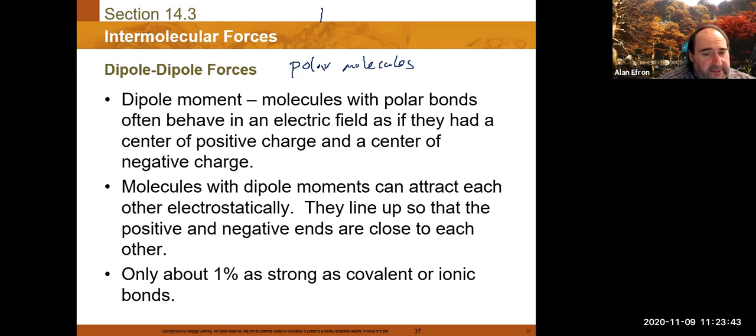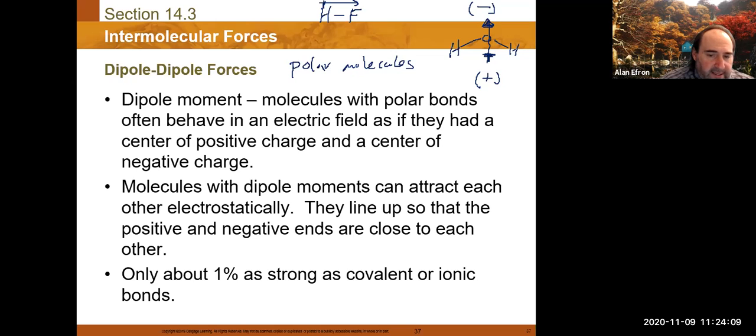For example, if you had something like HF, fluorine is more electronegative, so you could draw that little arrow. That is what is known as a dipole. Something like water, which is a polar molecule, has a dipole moment, which is an overall side that's more negative and an overall side that's more positive. So remember those dipole moments: that little arrow makes kind of a plus sign on the side that's more positive.